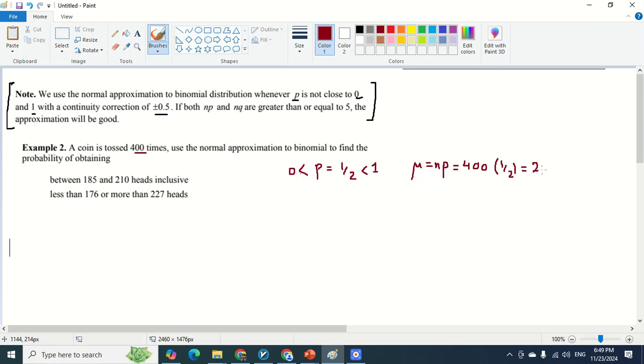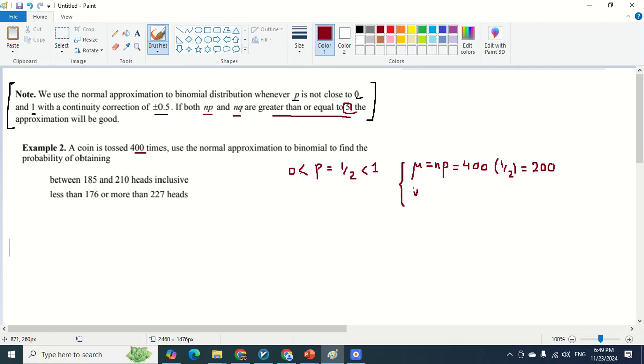So the approximation is good. Based on the second condition, when np and nq, both of them 200, are greater than or equal to 5, the approximation will be good. So because np is 200 and nq is equal to 200 as well, the approximation is good.